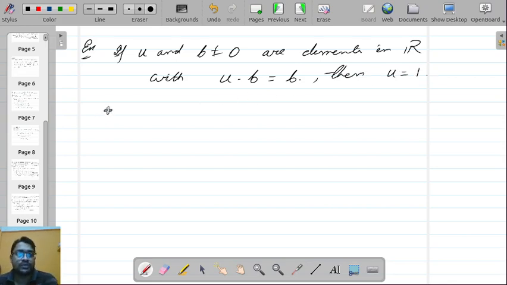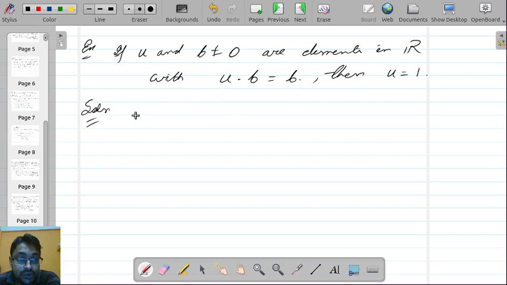So this is another property. If we have an element u which when multiplied by another element b gives b itself, then this u has to be 1 only.